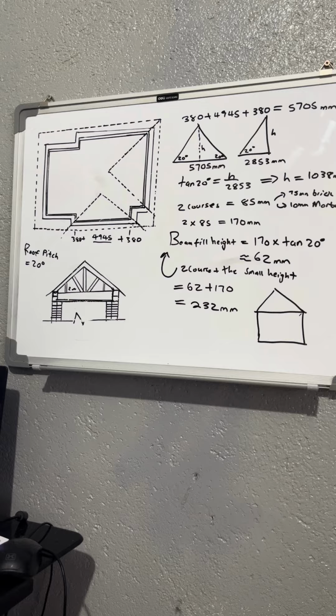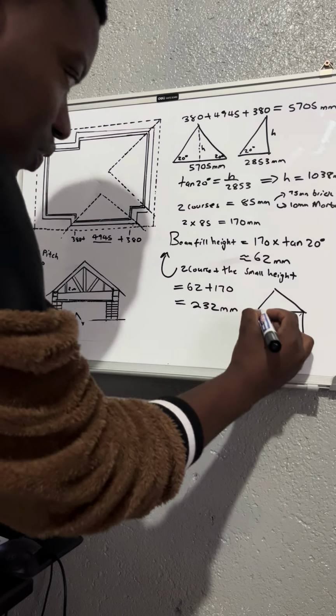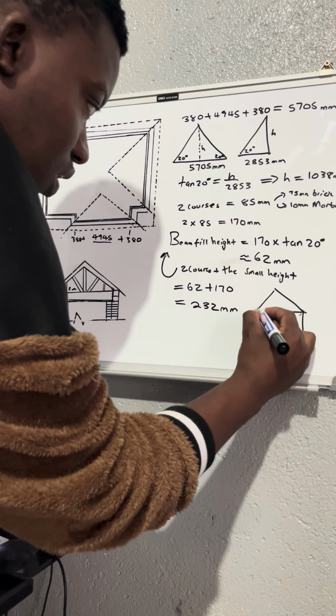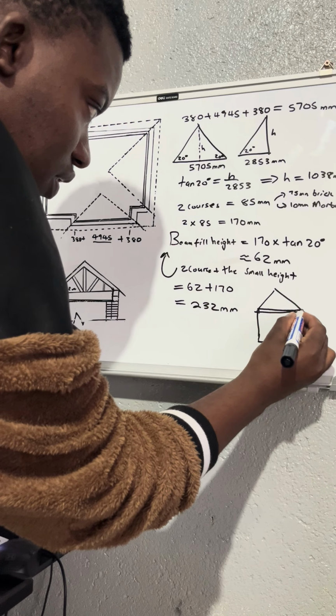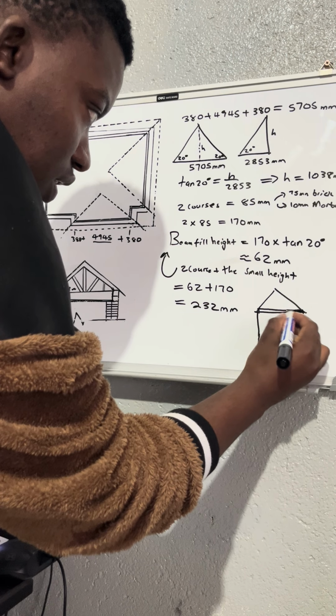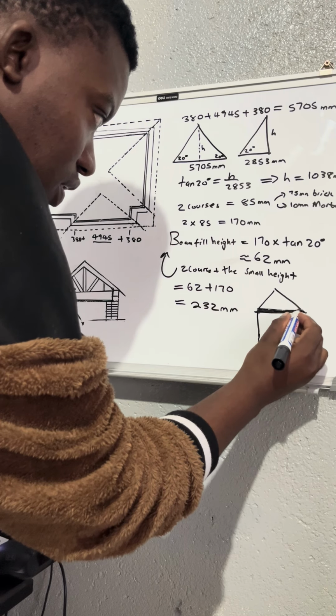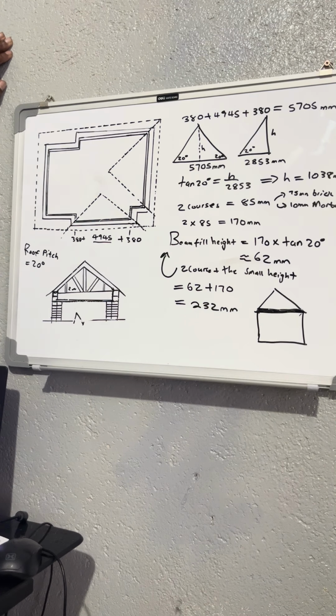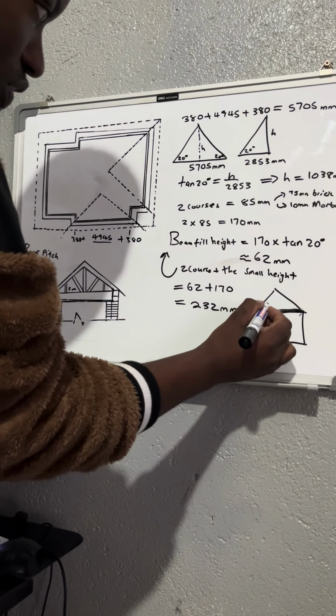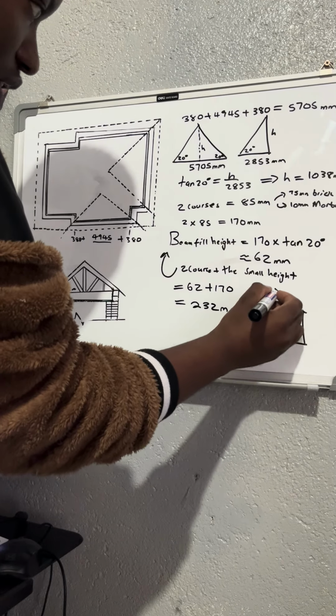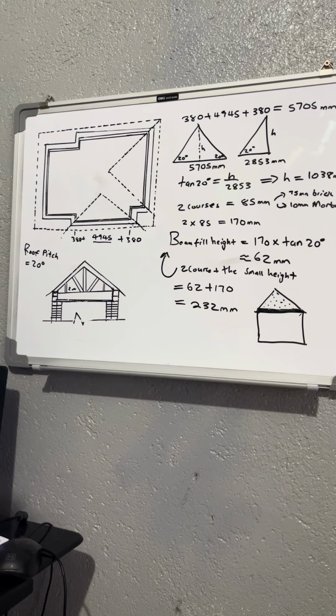So far, what did we calculate? We calculated this one. Let me highlight it like this. Then this one at the top, I'm just going to do it like this. It's not concrete, but I'm just going to do it.